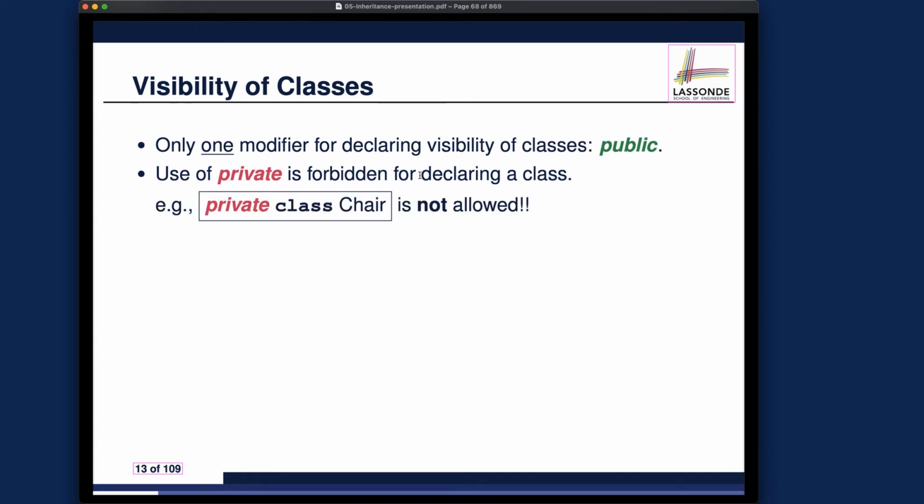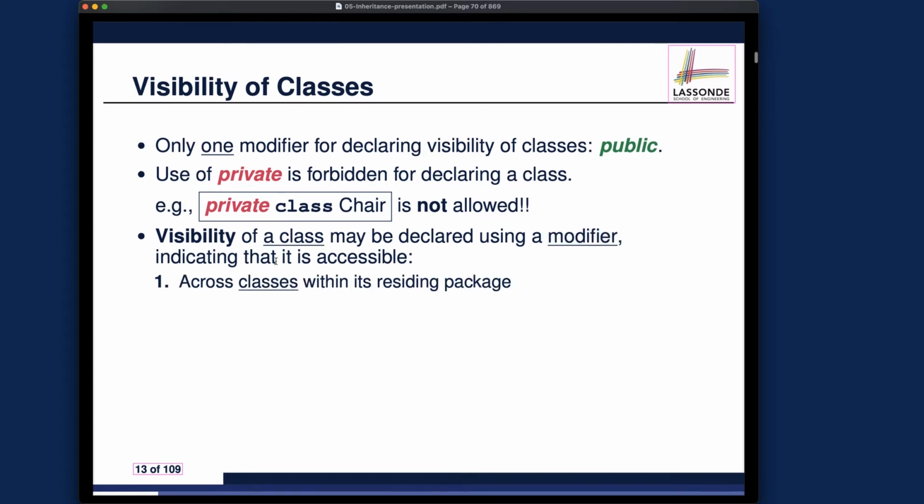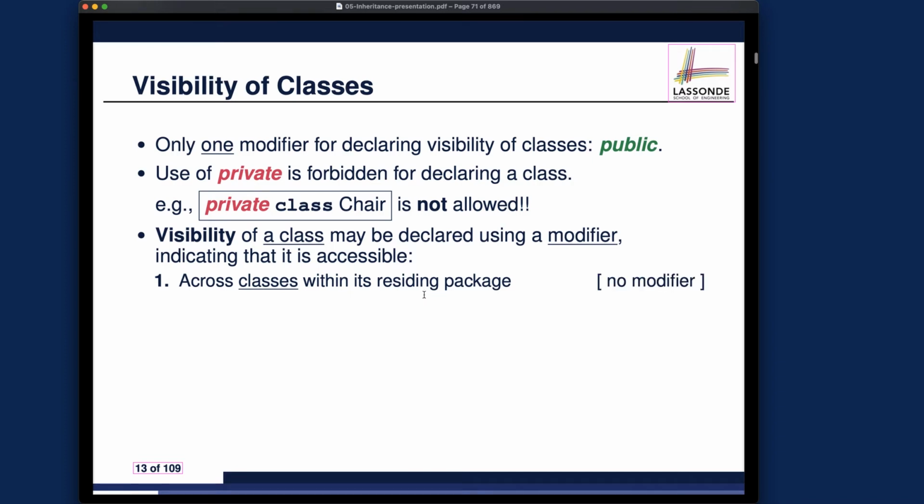Okay, so if you try a private class, chair, for example, is not allowed. And visibility of a class may be declared using a modifier public, indicating that it is accessible across all the classes, basically, within its package. And okay, let's see. We got two choices over here. Let me say it again.